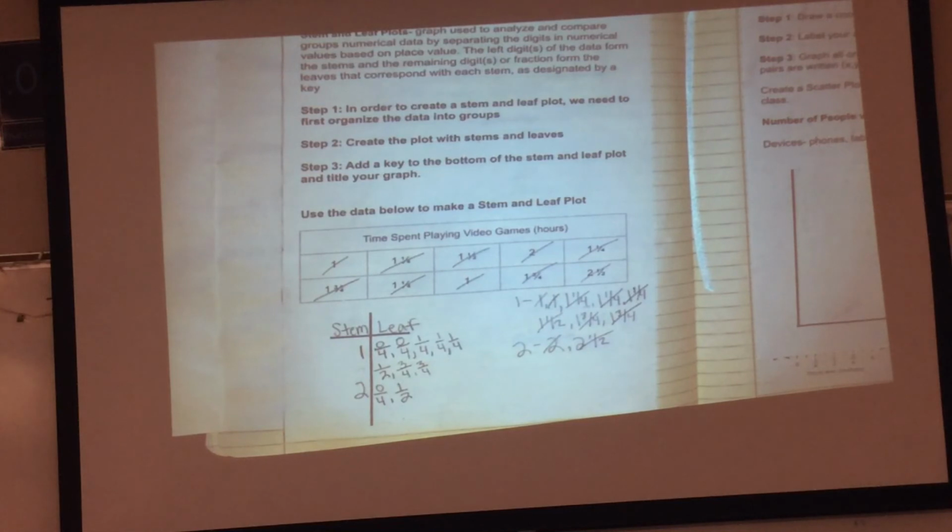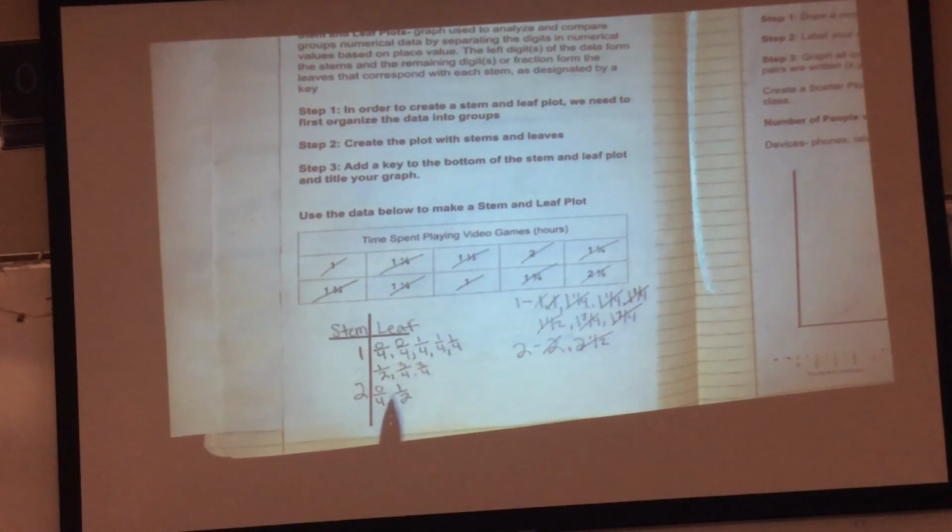Not 8. You would have 7. Our number of leaves have to match what's in here. That's why our 0 over 4 is our placeholder. However many are here has to represent our chart we're doing.